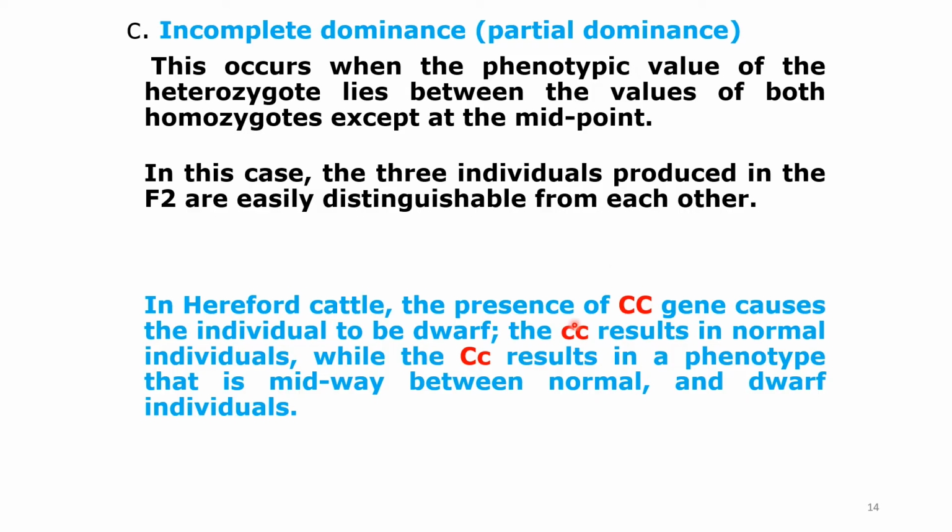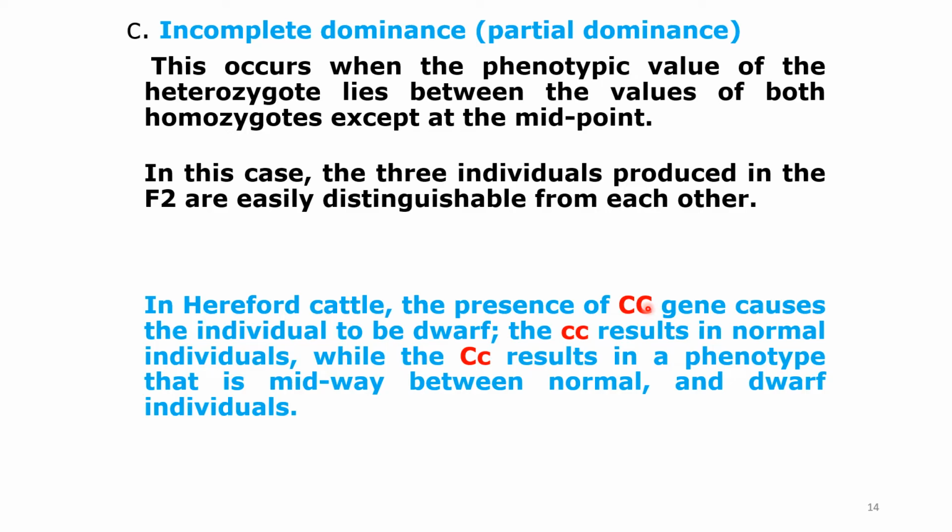In this cattle, the presence of this gene, capital C, will cause the individual to be dwarf. Then the small c will result in a normal individual, while the heterozygote results in a phenotype that is midway between the normal and the dwarf. So because of incomplete dominance, we have 3 classical distinguishable phenotypes.